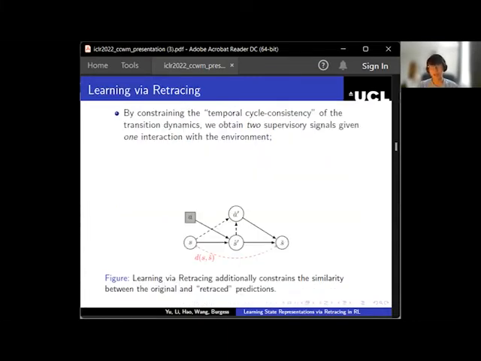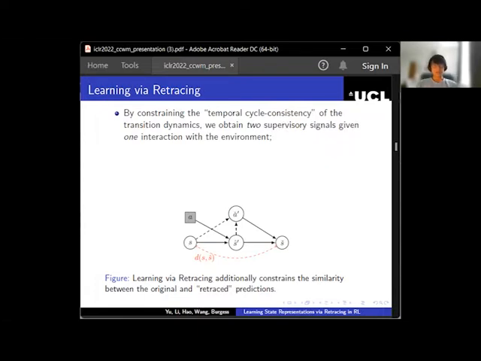Now we introduce our method, learning via retracing. We first introduce it in its most general form, and then later provide a more concrete model-based RL instantiation of the method.